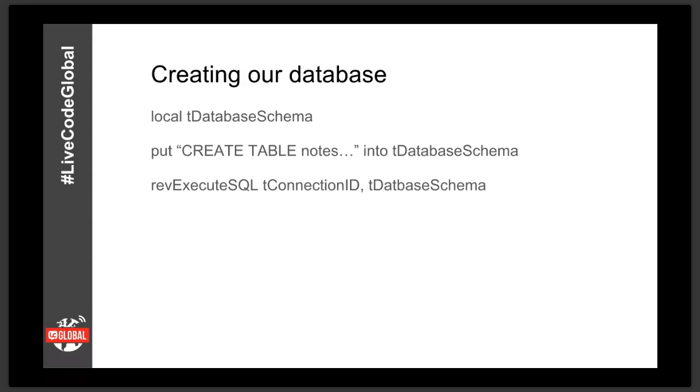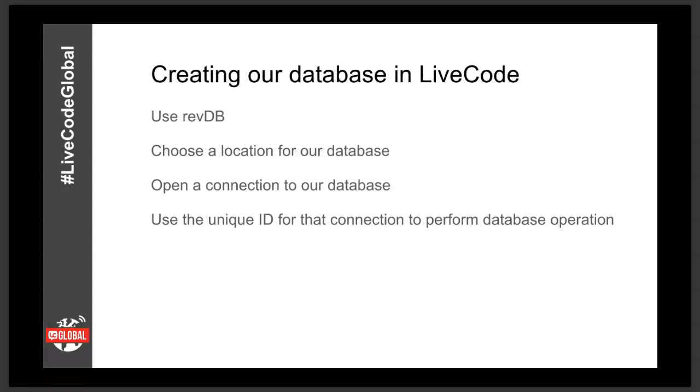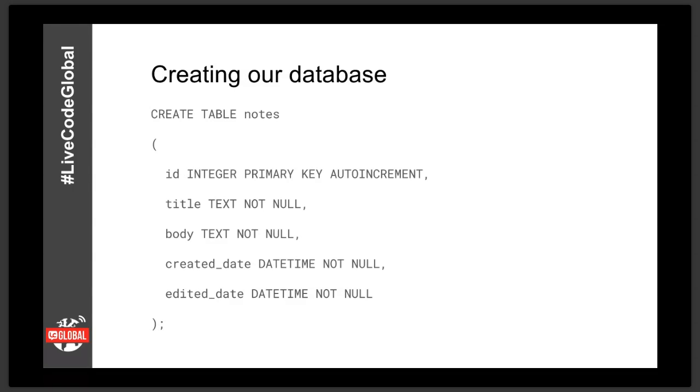So you notice RevExecuteSQL is a command. The first parameter is the connection ID that you got from RevOpenDatabase on the previous slide. And the second is the SQL you want to execute, and in this example, it's our create table notes. So what I'll do is I'll show that in the example in the context of a LiveCode stack.